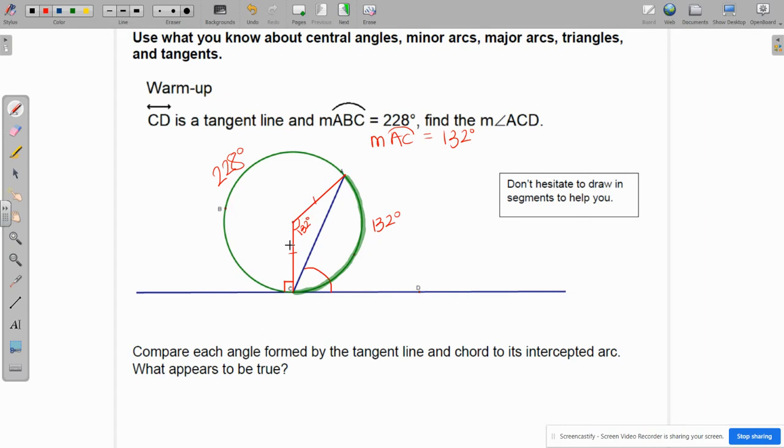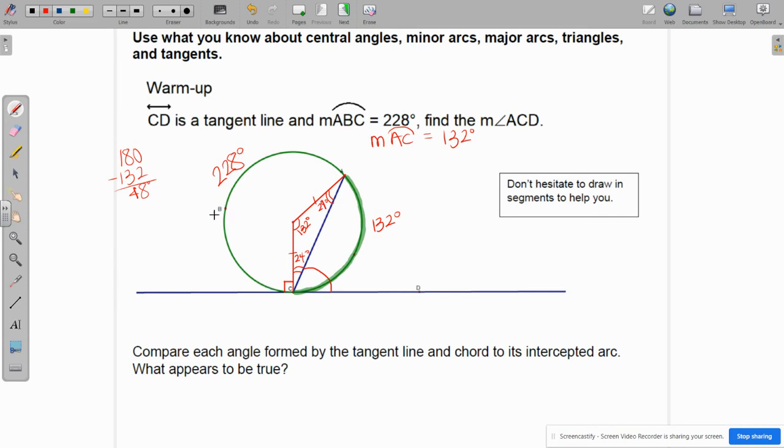Because these two sides are congruent, I know that these two angles are also congruent. All three angles added up together should be 180. If we take 180 and subtract 132, we're left with 48 degrees, which means these two angles together total 48 degrees, so each of them is 24 degrees.